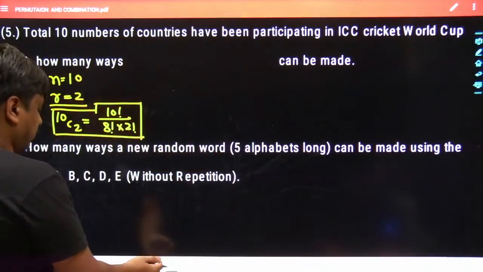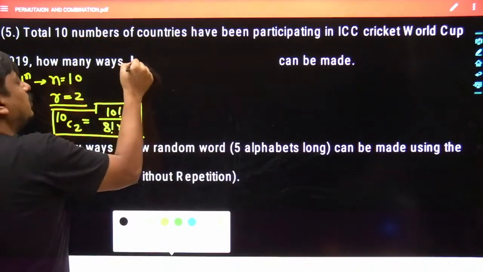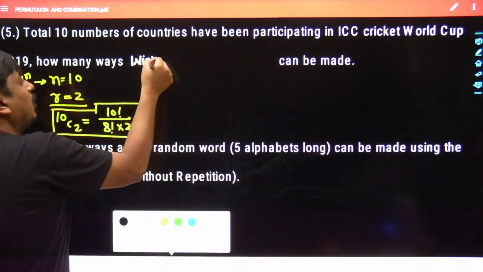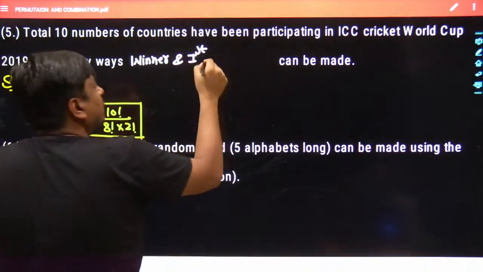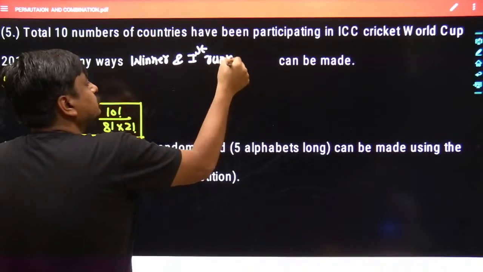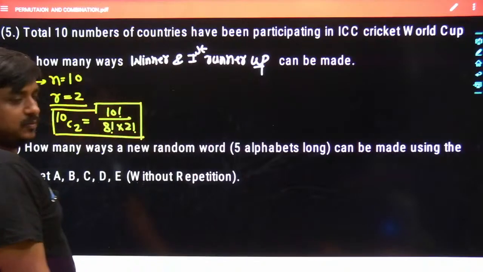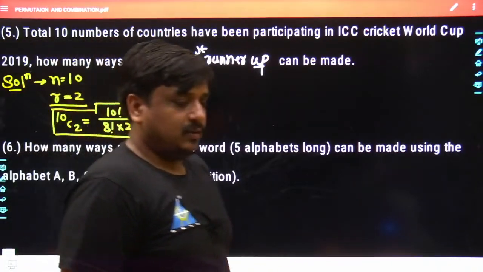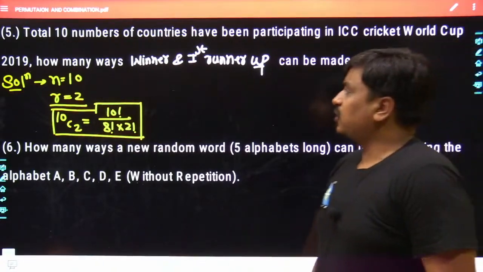How many ways can the winner and first runner up be made or decided? So obviously it could have been done in 45 different ways.